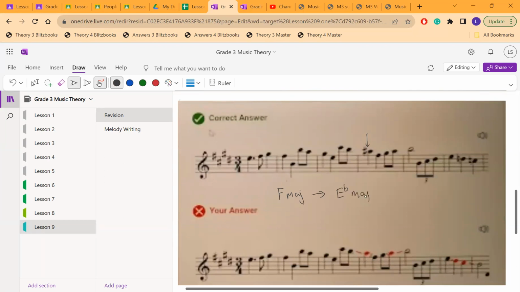In this case, you move every single note in F major down a tone to E flat major, because F and E flat are a tone, or a major second, apart.